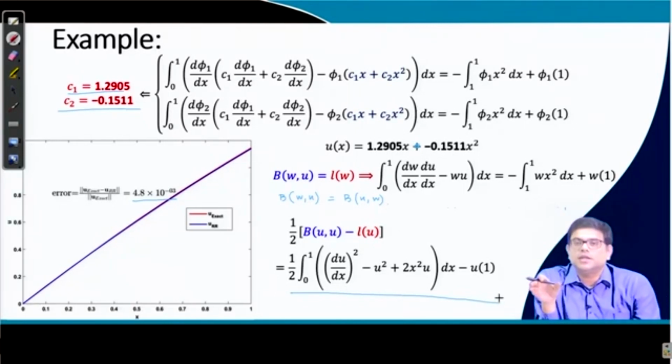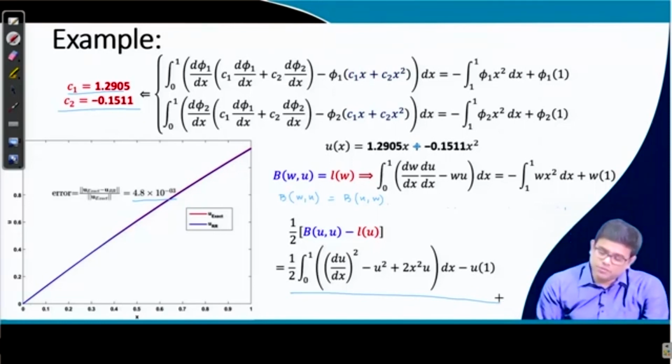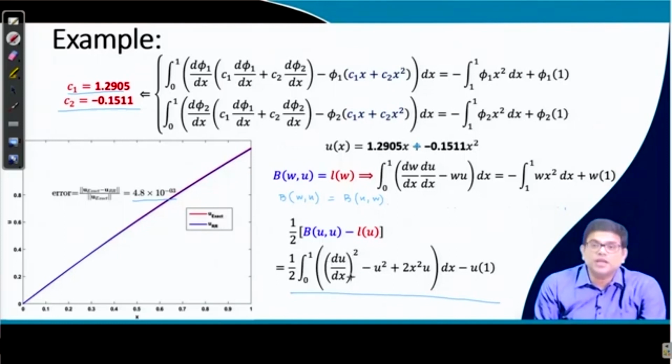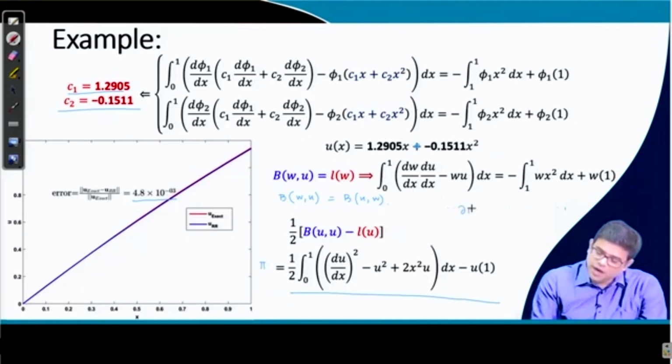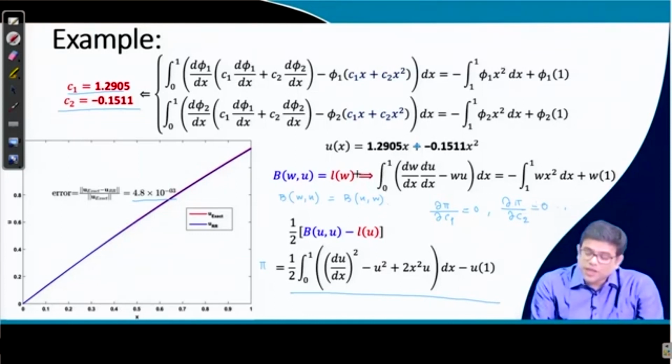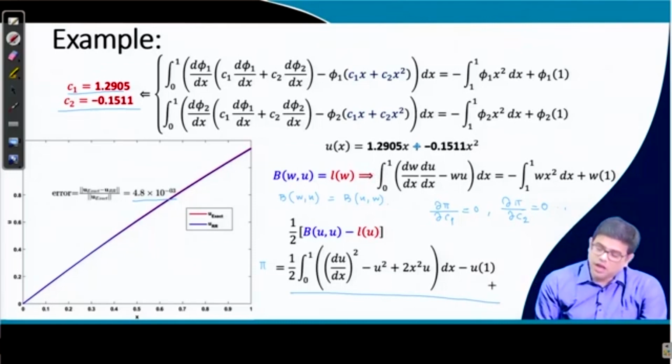So what Rayleigh-Ritz essentially tells us is that even with the same approximation, if I substitute here and minimize, writing this as my pi, then d pi by d c1 equals 0 and d pi by d c2 equals 0, I will get the same solution because the weak form corresponds to this energy functional.